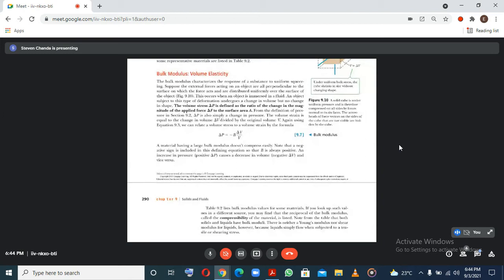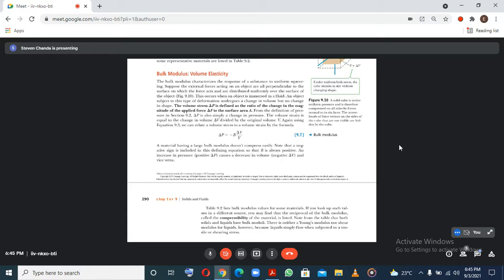So then there are certain times where instead of giving the bulk modulus, something called compressibility is used. Compressibility is simply the reciprocal of the bulk modulus. In short, it's 1 over the bulk modulus. That's what reciprocal is, isn't it? Sometimes they'll give you a question where they want you to find the change in the volume, but they don't give you the bulk modulus.